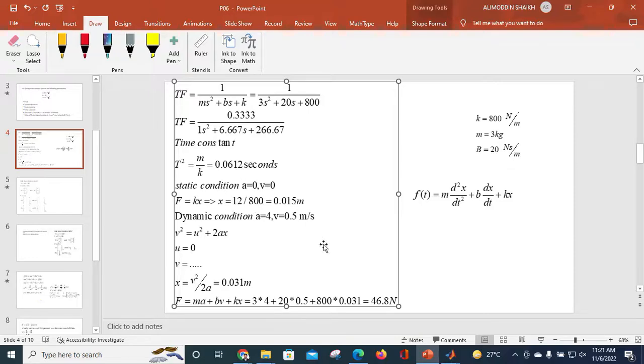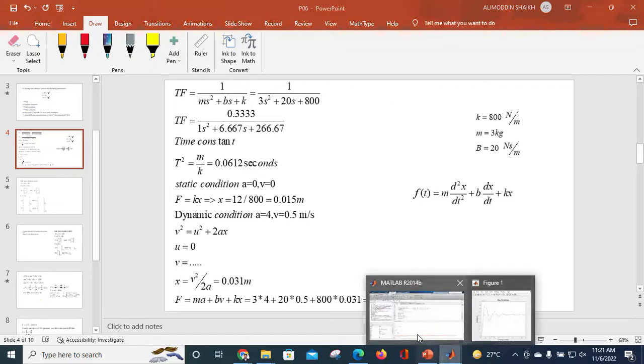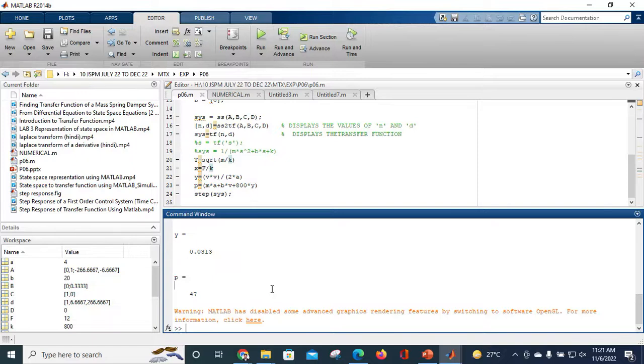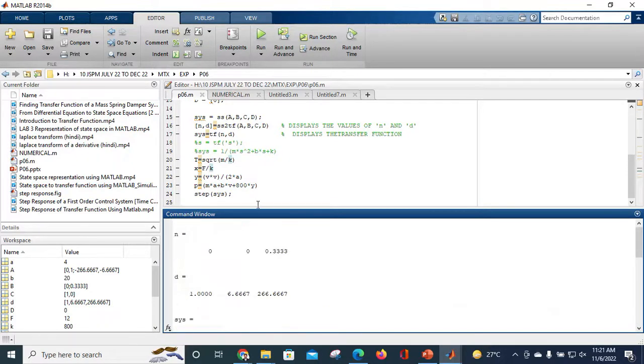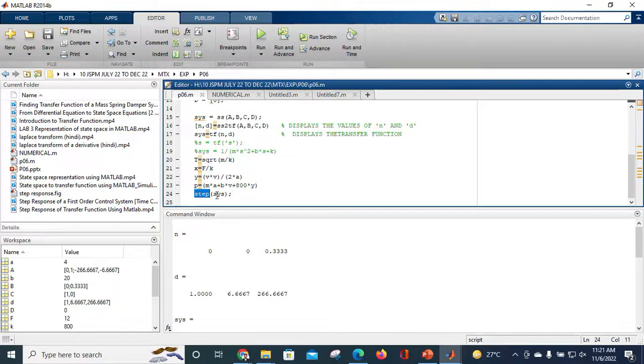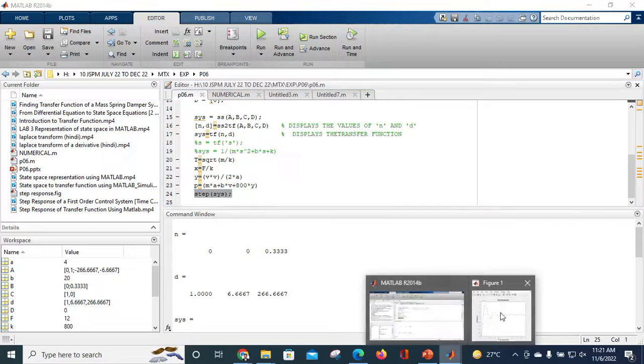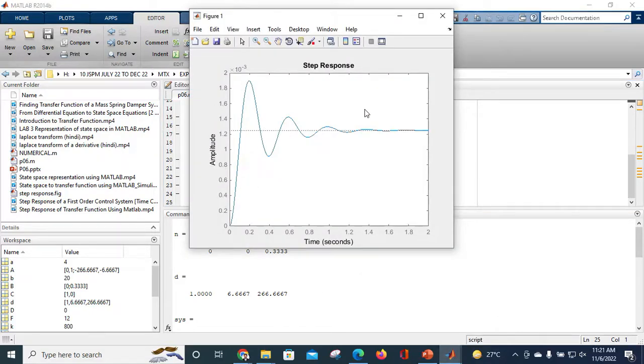And this is used to show the step and the pattern of the curve.